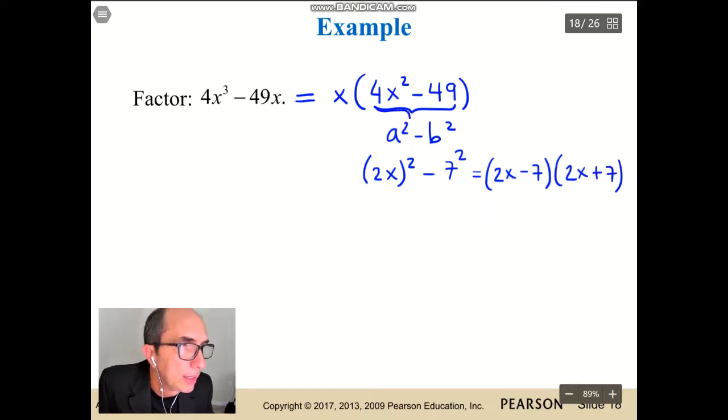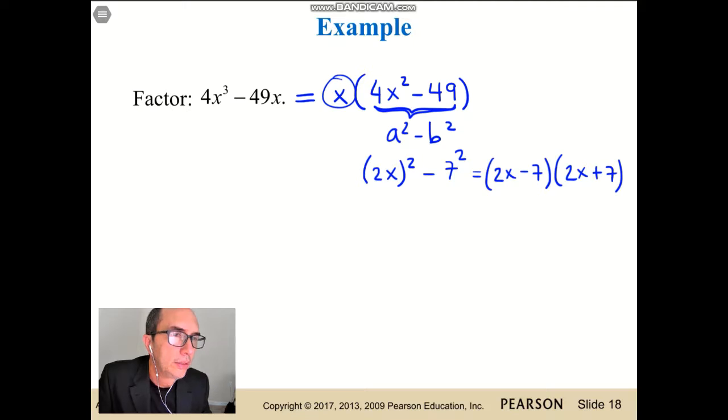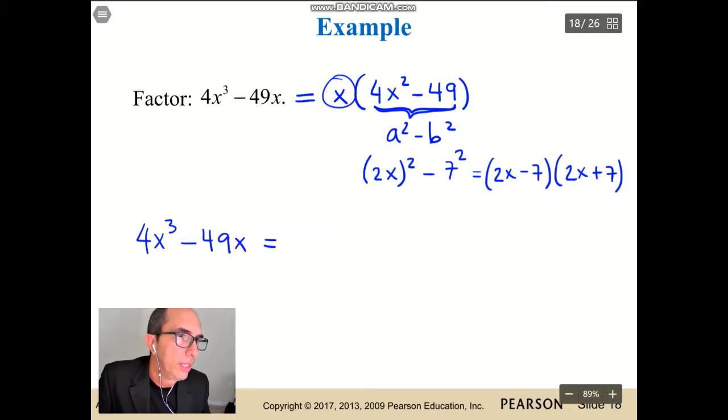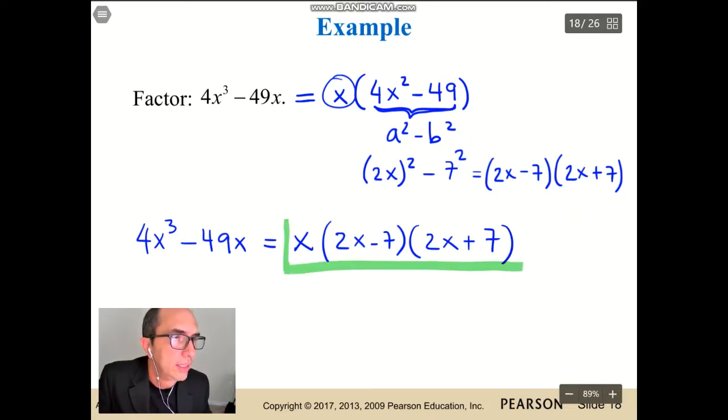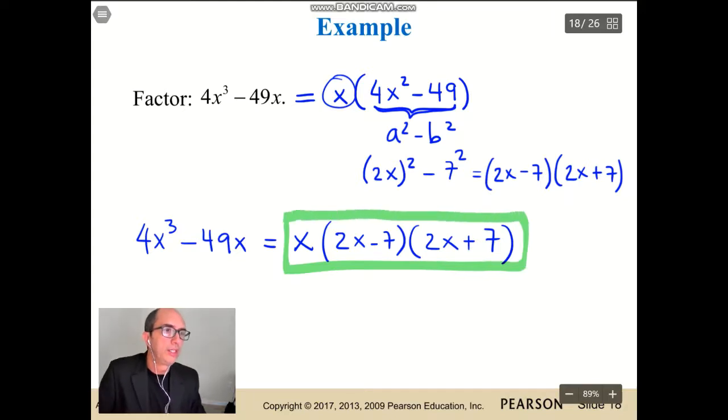To represent the original expression, we need to also multiply everything by x. So 4x cubed minus 49x, we can factor as x times (2x minus 7) times (2x plus 7). Okay? This is equal to the original expression.